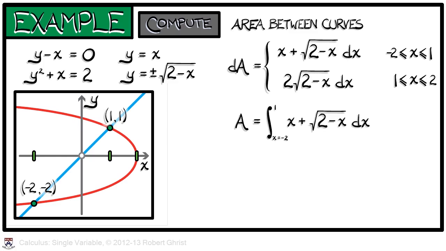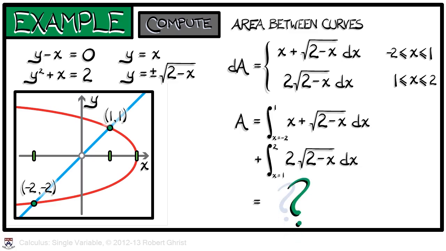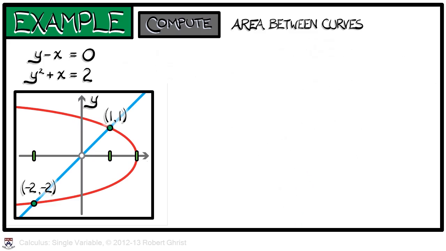The integral, as x goes from -2 to 1, of x plus root 2 minus x dx, plus the integral, as x goes from 1 to 2, of twice root 2 minus x dx. Now, neither of these is a terribly difficult integral, but we're not going to do it. Why? Because there is a simpler method.